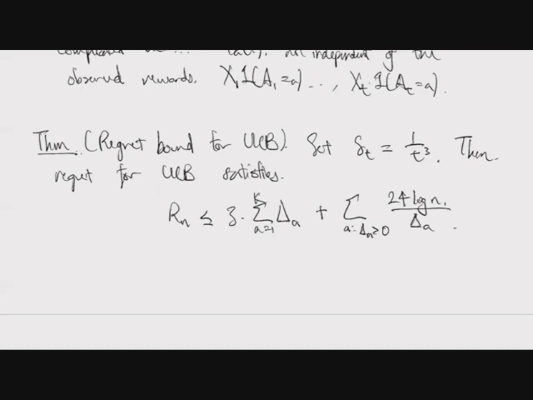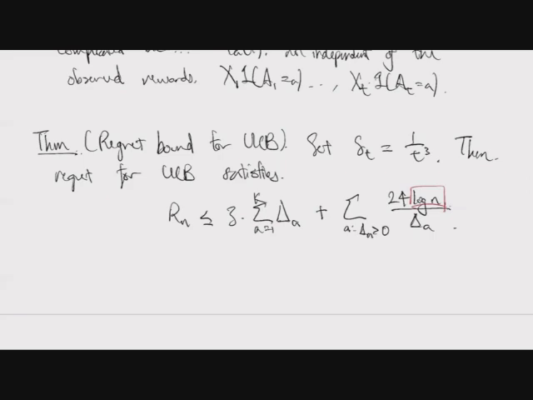So we're not going to give the proof in this lecture, but you can read about it in the lecture notes. We just want to note that the only dependence on n here is in the log term, and this is pretty remarkable because the log function grows extremely slowly.